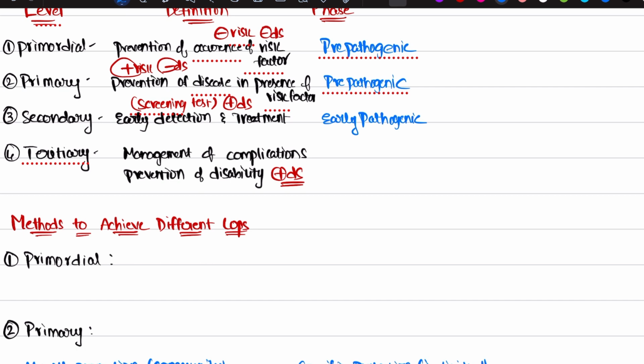Let's say we are going for the screening test, maybe the disease is present, or else the disease can be absent. So that's why I write it as early pathogenic phase. If the disease is present, it comes under the early stage. We are detecting the disease in early stage, so we can treat it well and the patient is going to be better. That's why it comes under early pathogenic phase.